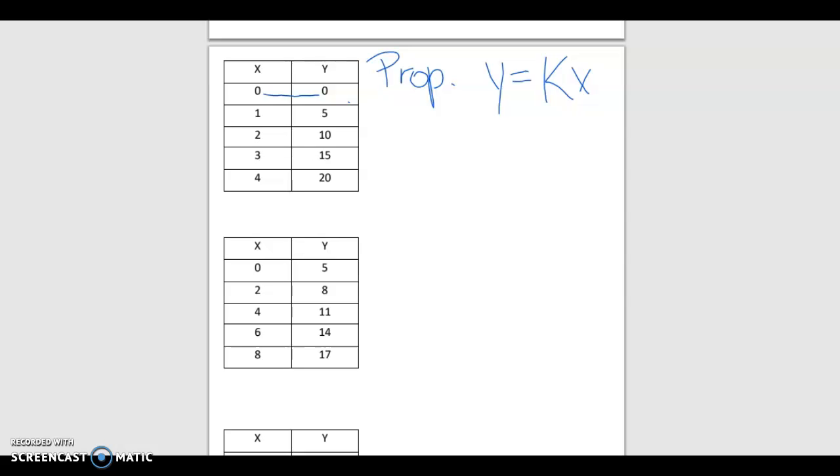My slope I'm going to find by doing my change in y over my change in x.